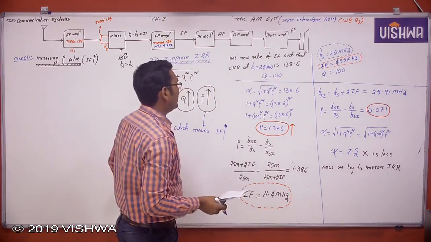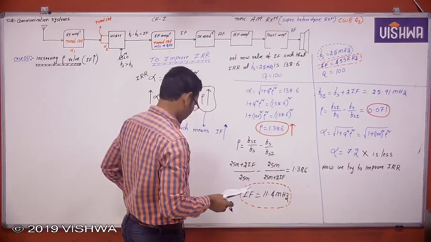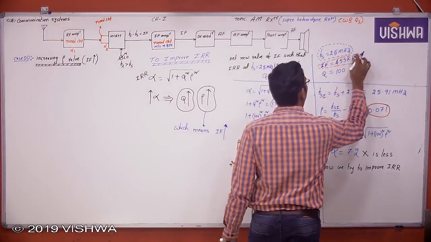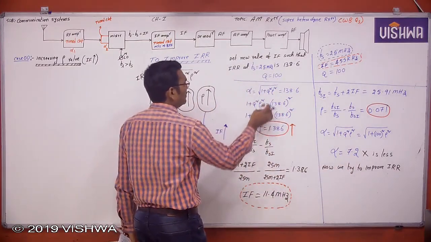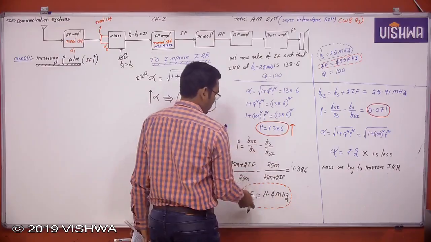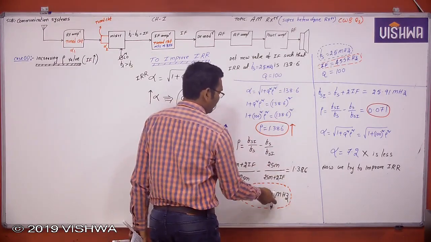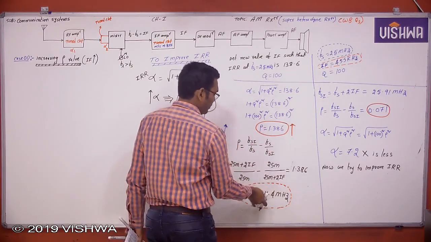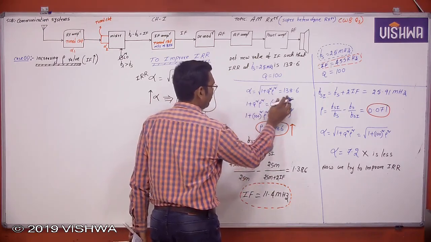But at this stage, here If is 455 kilohertz, and the ratio is 7.2. But here If is 11.4 megahertz, the intermediate frequency is 11.4 megahertz, and the image rejection ratio is 138.6.